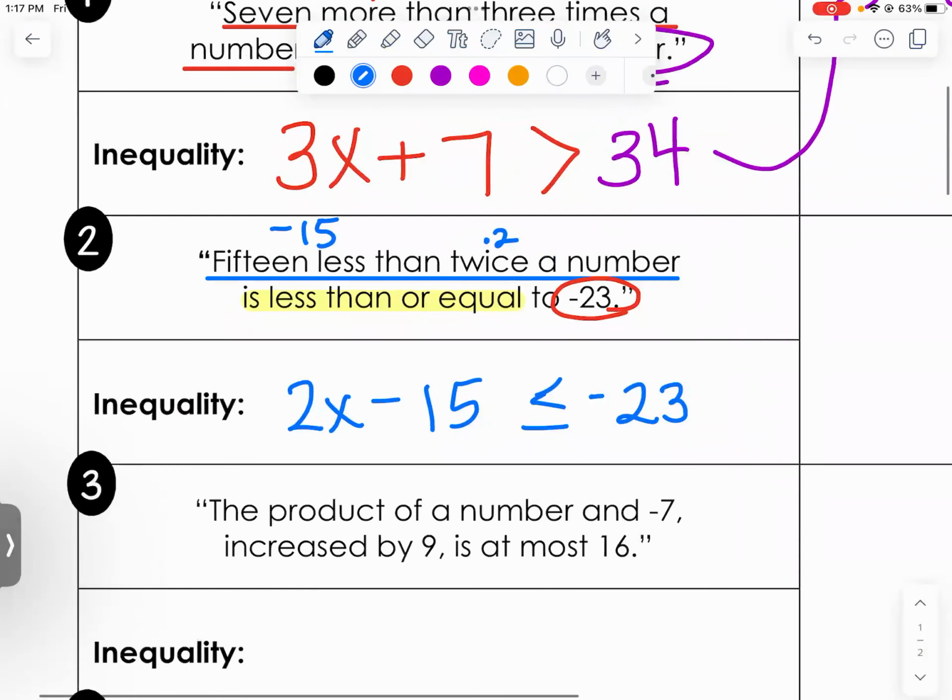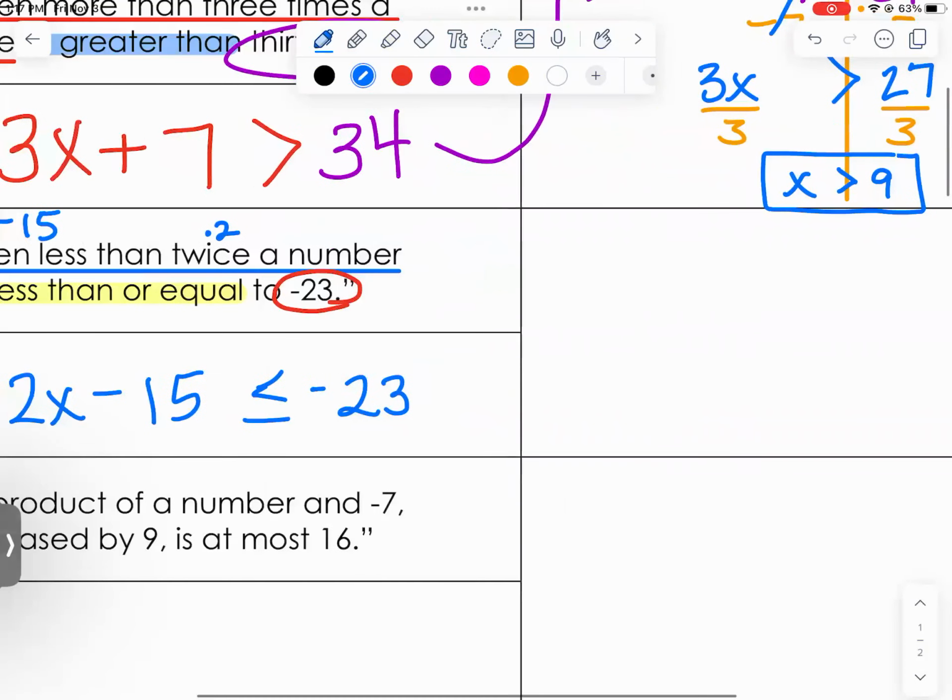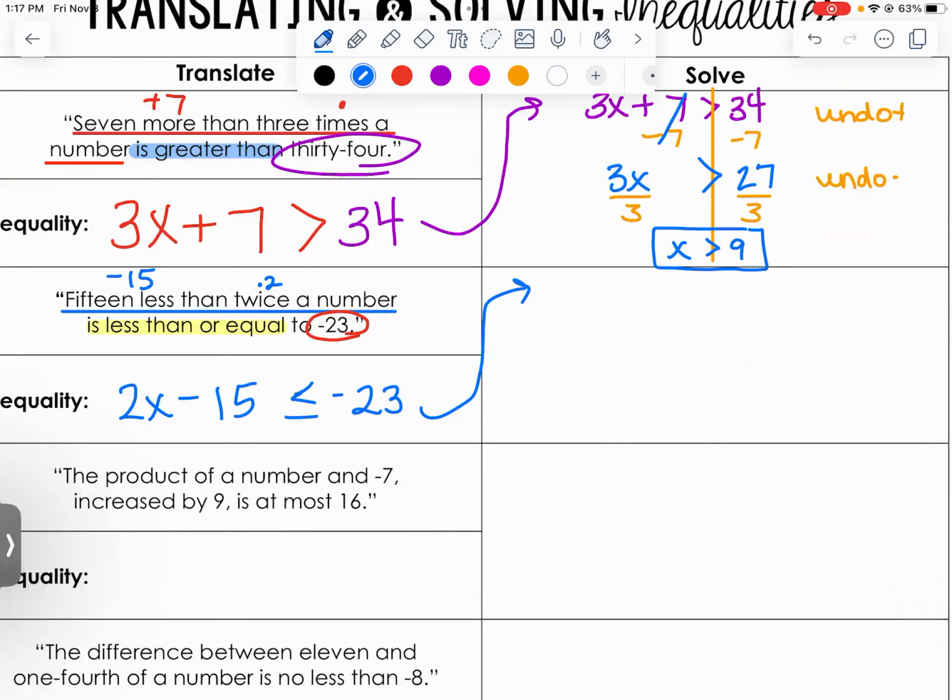Okay, let's go ahead and solve it. Let's go over here. 2x minus 15 is less than or equal to negative 23. Jacob, what do we need to do first? Okay, Jacob says we need to add 15 to undo that subtraction.